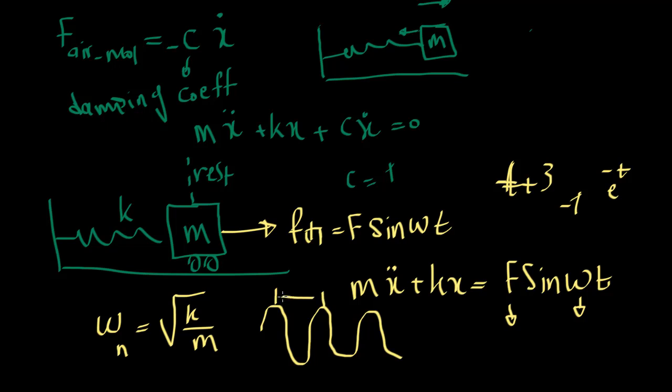If we measure this duration, the time that it takes between two peaks, and call this Tn, this would be the natural period of the system, and Tn would be 2 pi over omega n. And that's why we call this omega n the natural frequency, the frequency of free vibration, not forced vibration.